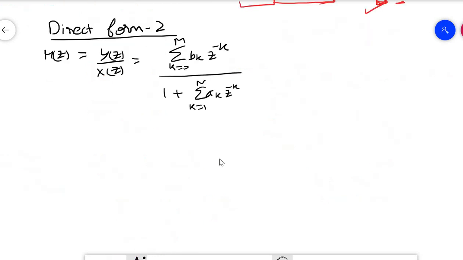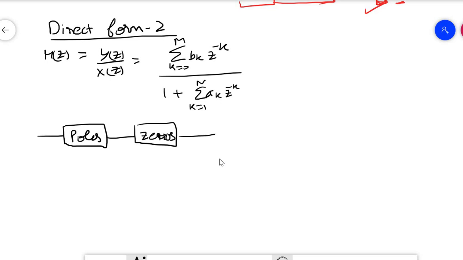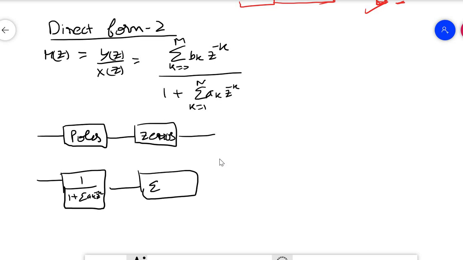Now in the case of direct form 2, first is poles, then after that zeros. Poles are in the denominator, so the value is 1 plus summation ak z minus k, and the zeros are in the numerator, summation bk z minus k. And this is my output Y(z), and this is my input X(z), correct.